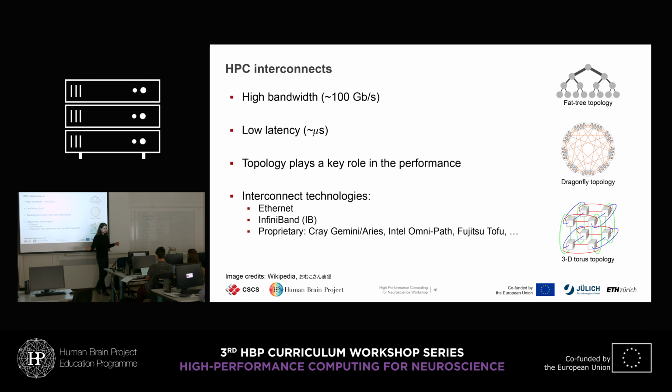These topologies are implemented with a variety of technologies. Ethernet is the one that's more known to the general audience. We use it every day in our homes to connect the Ethernet cables for the routers, or also at the workplace. InfiniBand is a technology born specifically for high-performance networks.